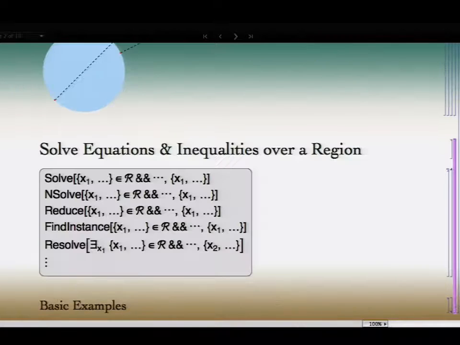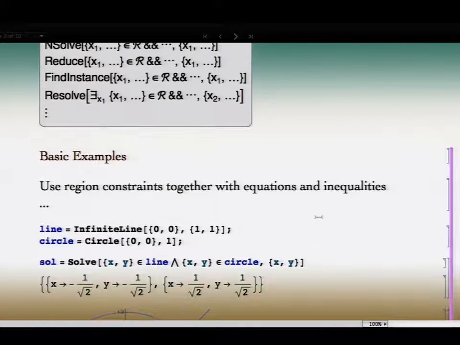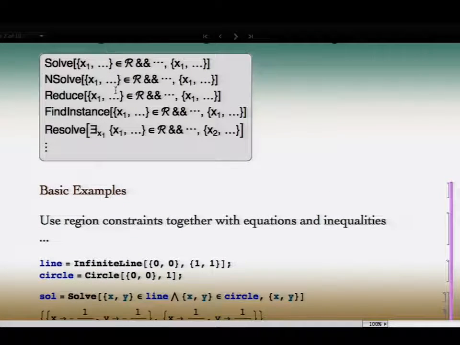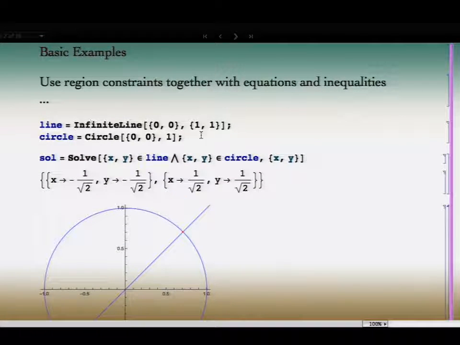What about solving equations? You can use these kinds of region element statements, mixed in with equations, inequalities, and so on. And so let's just do a simple example here.